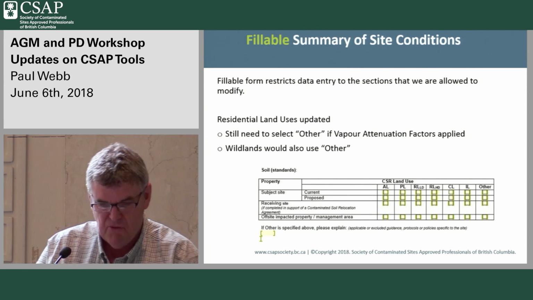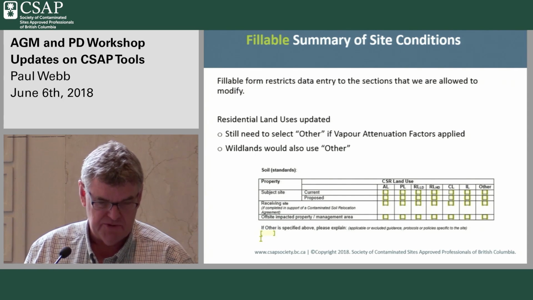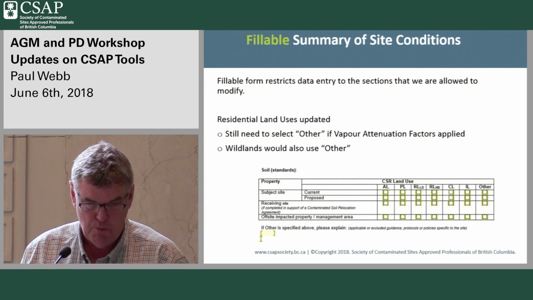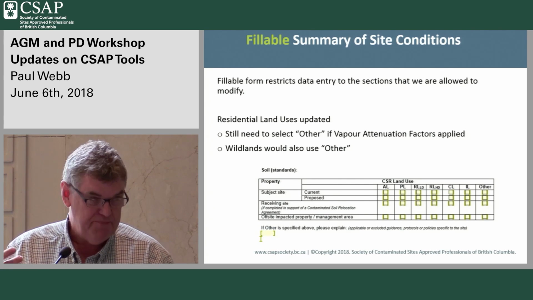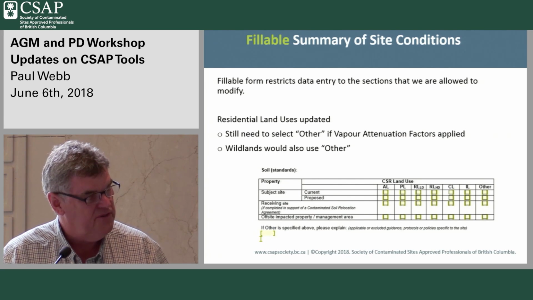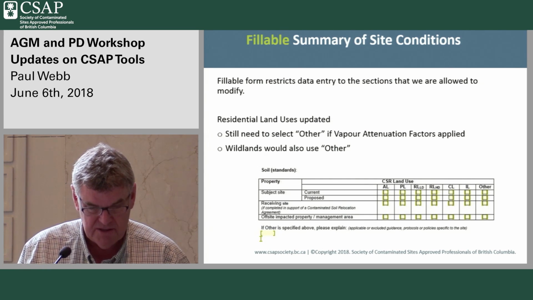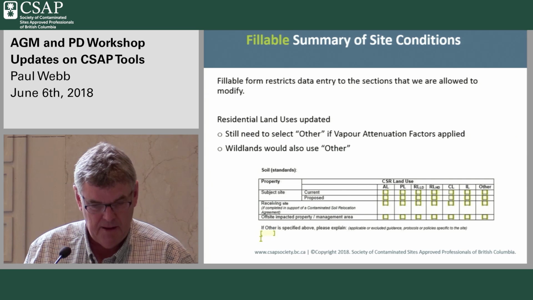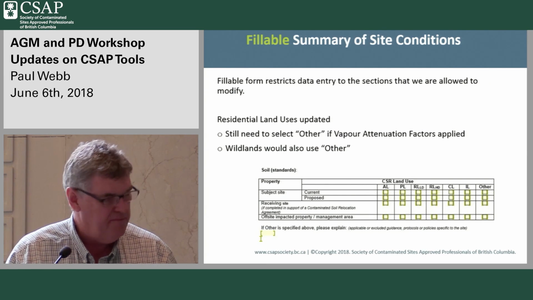So this is what the form looks like. It's going to restrict the data entry to just what we're allowed to change. What we did was we updated some portions of this, and the ministry has approved us doing this. So we changed it in places where it made the most sense.